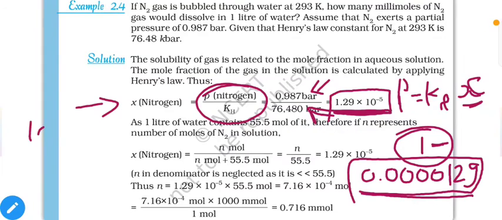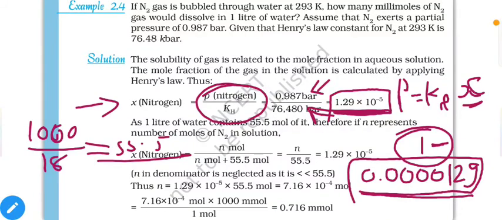If you divide the mass of water, which is 1000 grams, by the molar mass, you will get 55.5. So the number of moles of water is 55.5, and mole fraction of nitrogen is very low. That means we can ignore the number of moles of nitrogen in the calculation.